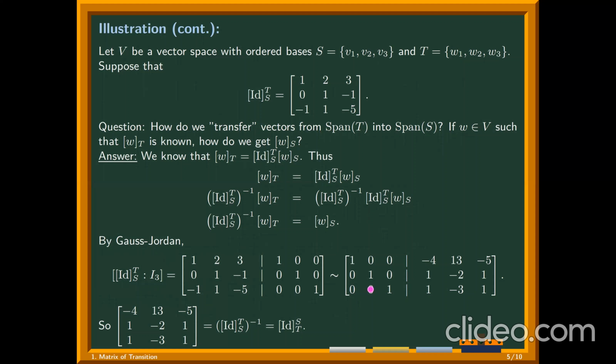You can find it in the module. But here we find that the inverse of the transition matrix from S to T is given by this 3 by 3 matrix. And we note that this inverse is the desired transition matrix from T to S.